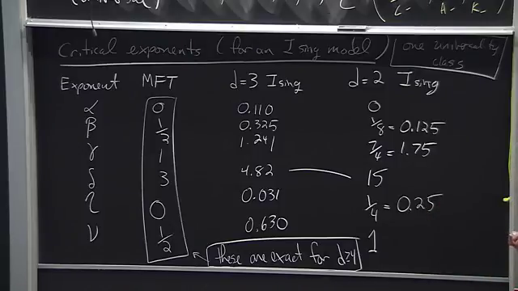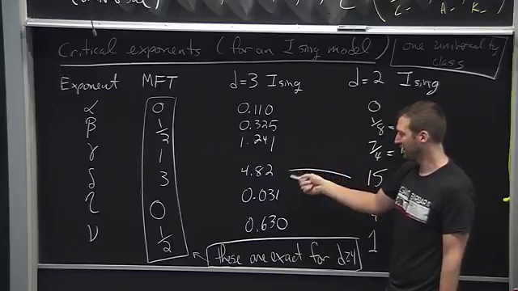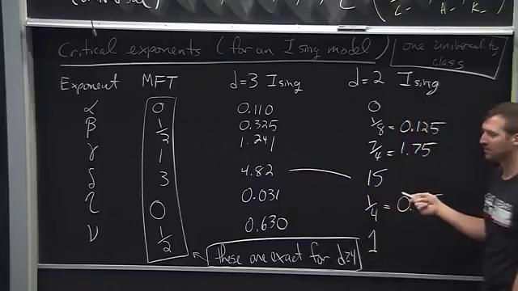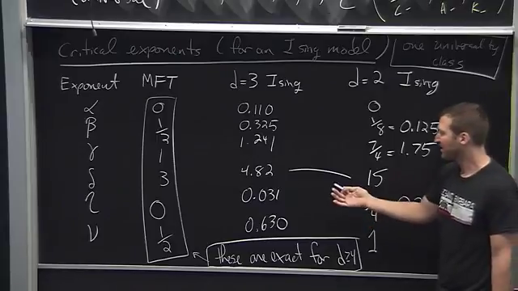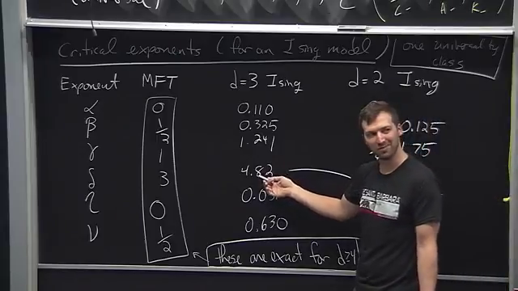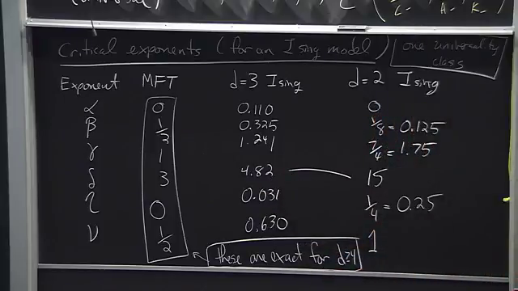But for example, if you find a phase transition in some system and you don't know something about it, like one of the symmetries or the dimension, if you can calculate one of these numbers at that critical point, you essentially know what universality class you're in, because these are essentially unique. If you calculate delta in some system at the critical isotherm and see that it's 4.82, you know that's in what's called the Ising universality class, a three-dimensional Ising universality class.